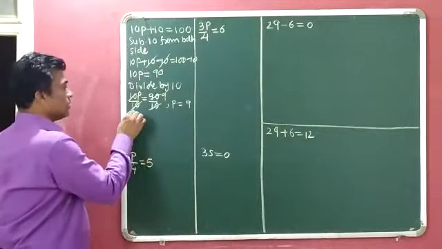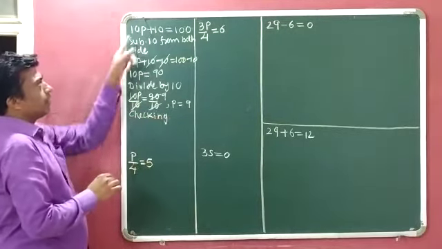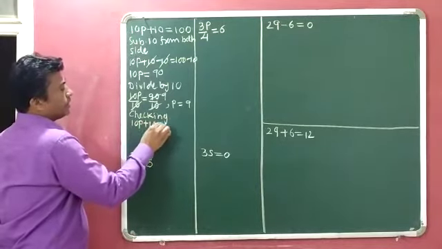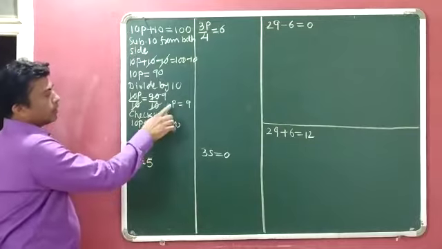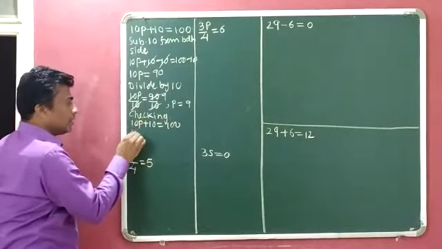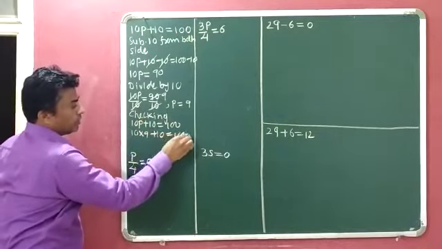Now checking. For checking we write the equation 10p plus 10 is equal to 100. Now p is equal to 9, so instead of p we can write 9. So 10 multiply 9 plus 10 is equal to 100.